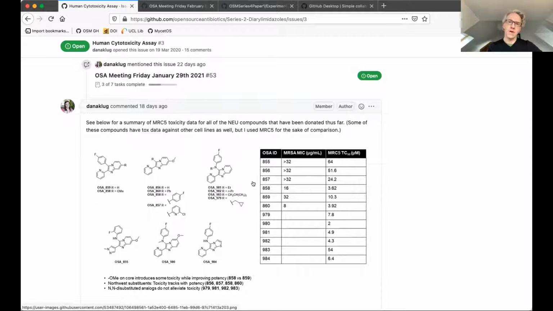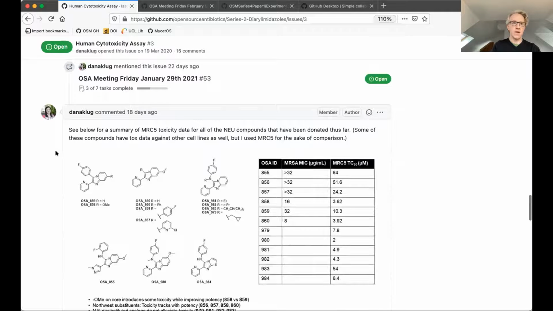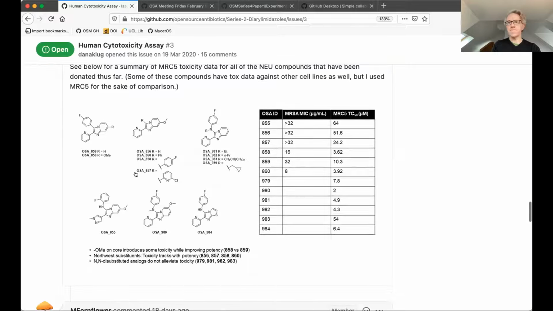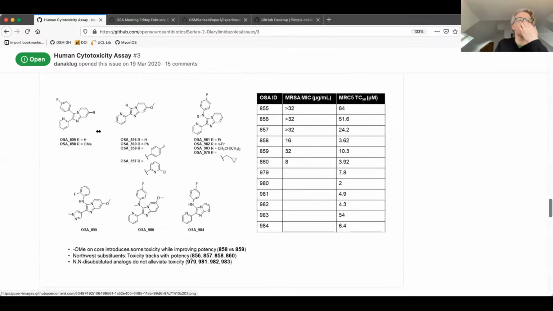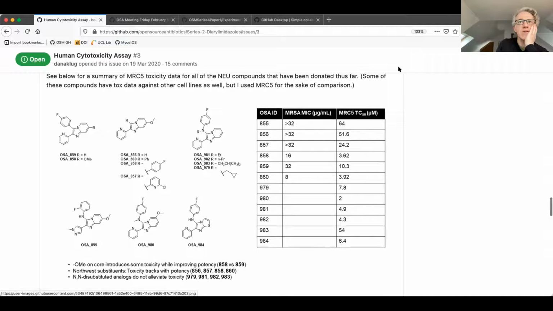There are some other compounds here that came from Laurie, who's on the call. I don't know if you can see these, hopefully they're big enough. It's a slightly different measurement, and Laurie will be able to tell us what the difference is between these and the measurements we were just seeing.